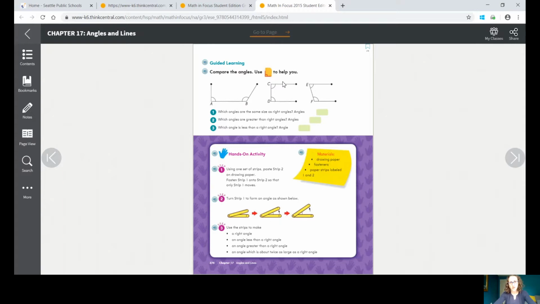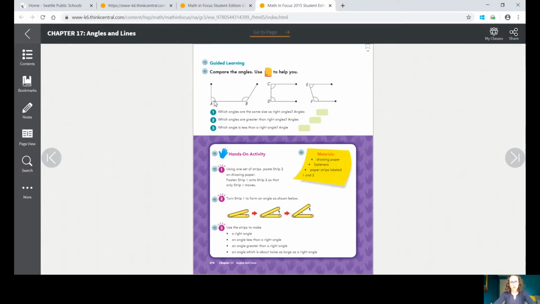Out of all of those, you're going to need to pause me because you're going to need to use a right angle, something that's really got a point or a corner, and figure out which ones are the same size. The best way to figure that out is to literally put that object up and see.